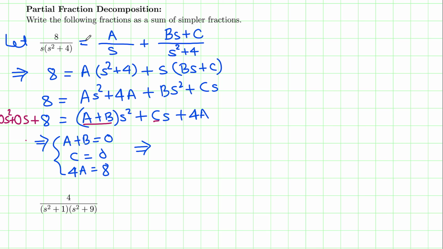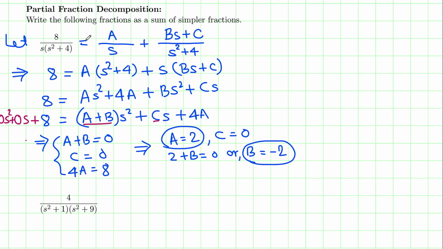Let's solve. So c is 0, 4a equals 8 means a is 2. Divide by 4, and c is 0. If we plug this a equals 2 in here, 2 plus b equals 0, subtract 2, b is negative 2. So a is 2, b is negative 2, and c is 0.